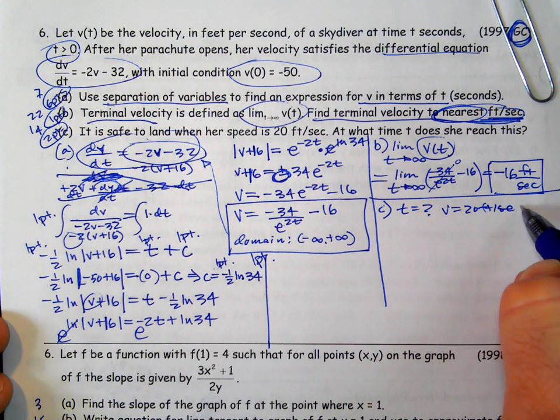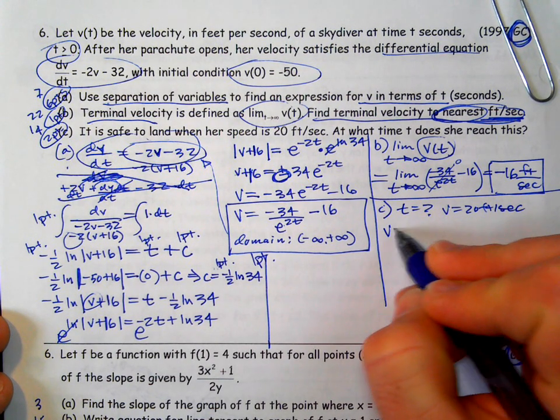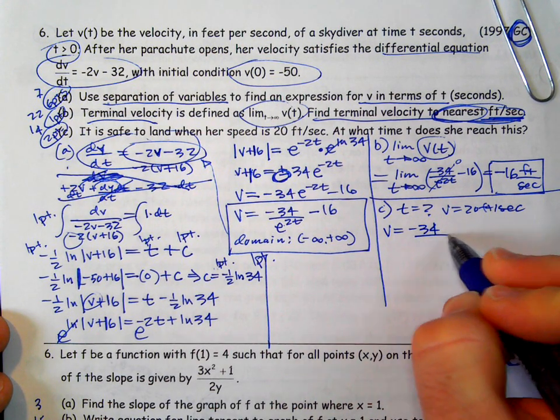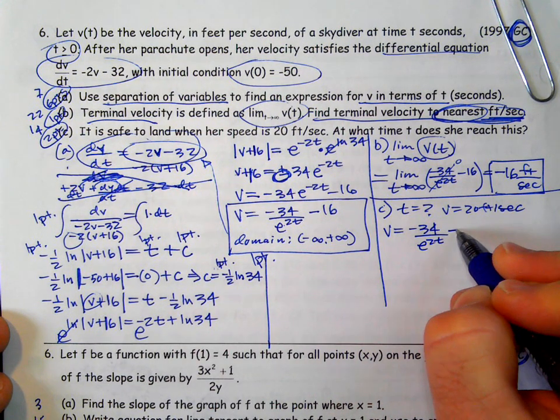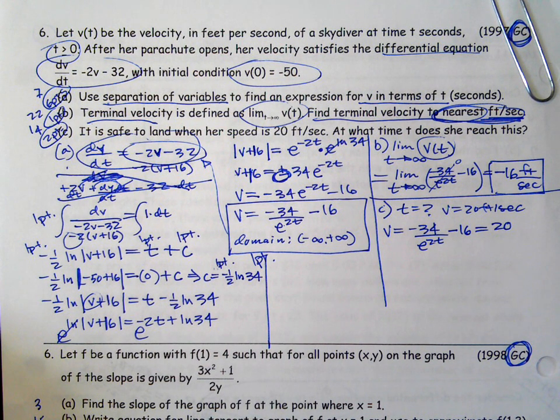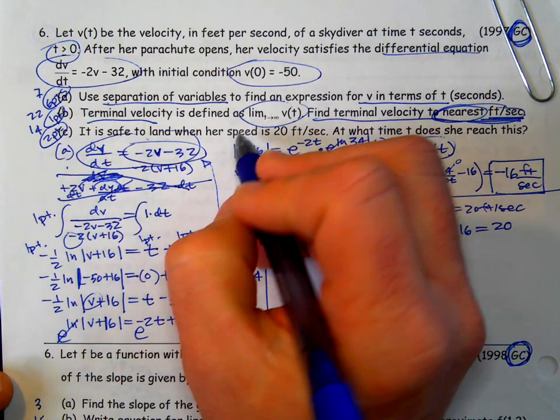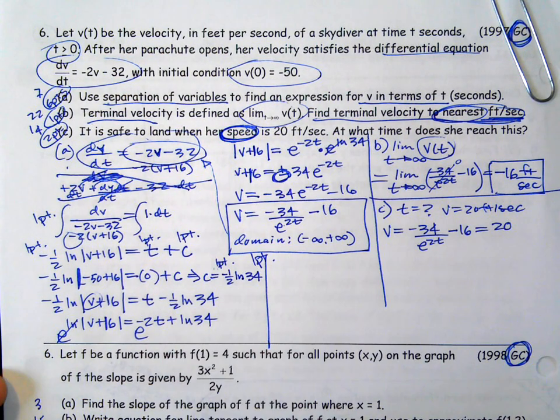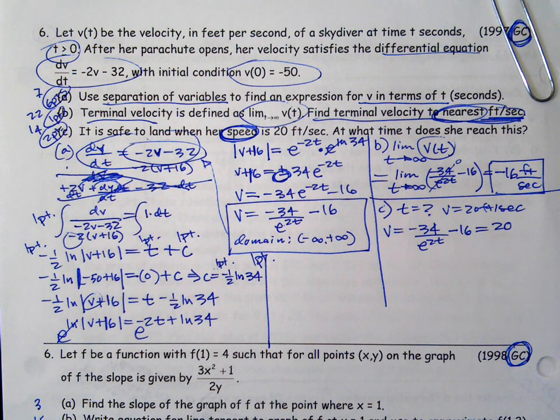Well, you need to take your answer from part A and set it equal to 20 feet per second and solve it. Now, I think there was a typo. I think, no, look, speed is 20 feet per second, okay?